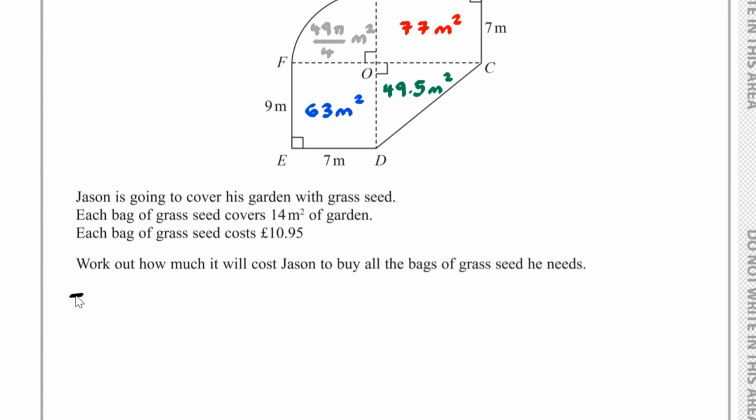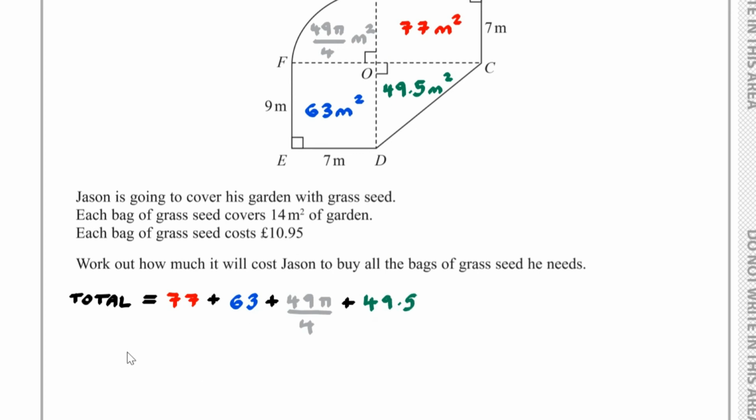So the total area, well, we've got the 77 being added to 63 being added to 49 pi over 4 being added to 49.5.